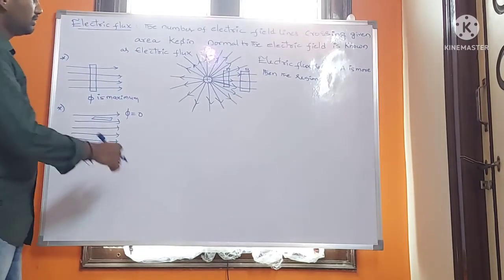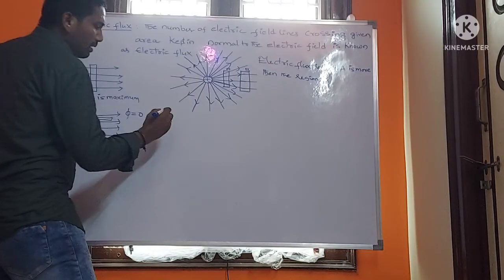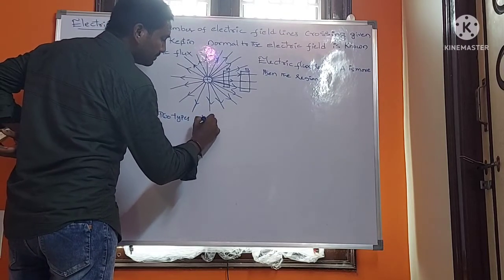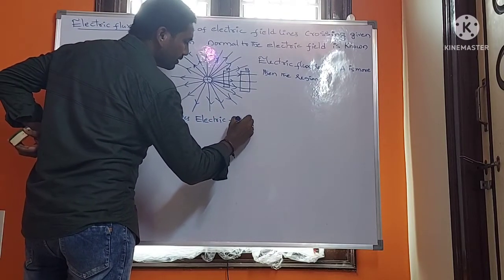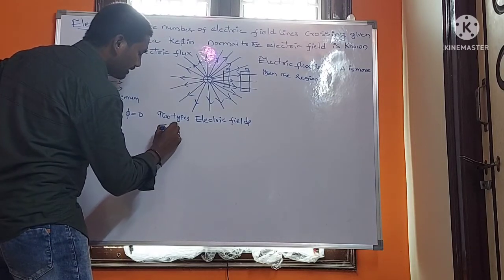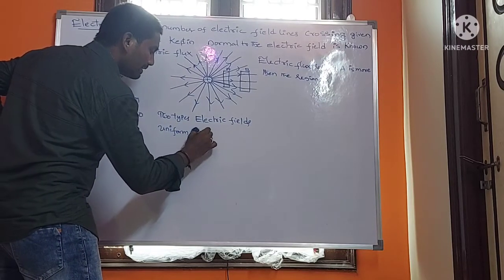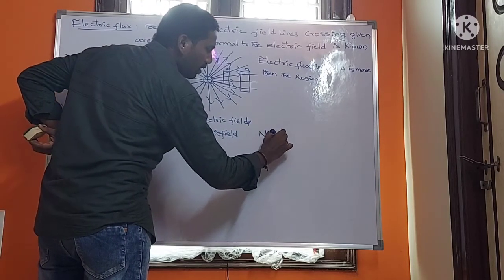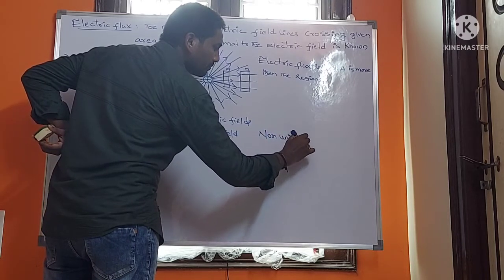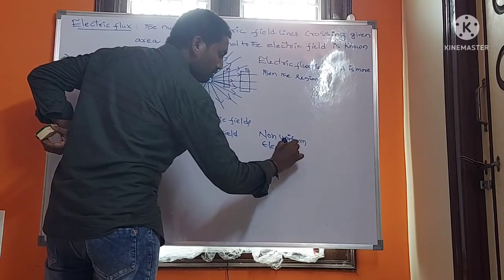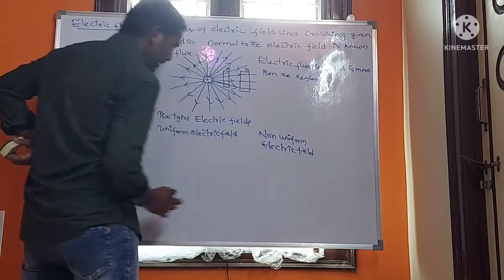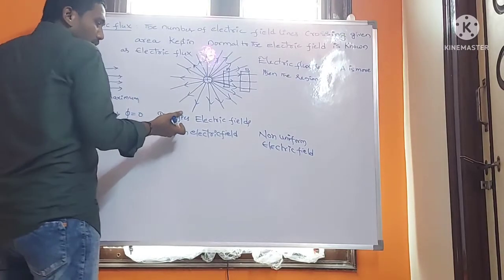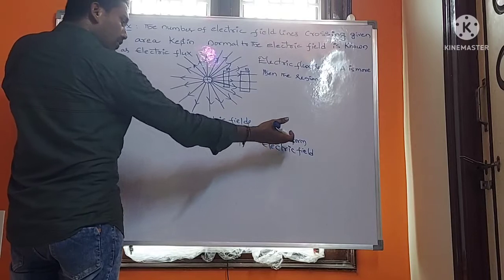Now, there are two types of electric fields: the uniform electric field and the non-uniform electric field. In these conditions, we find the electric flux.